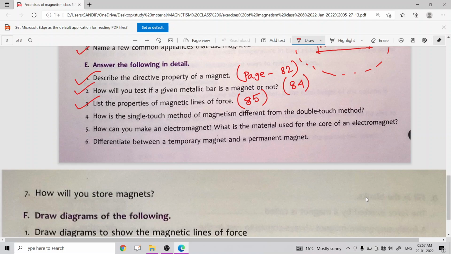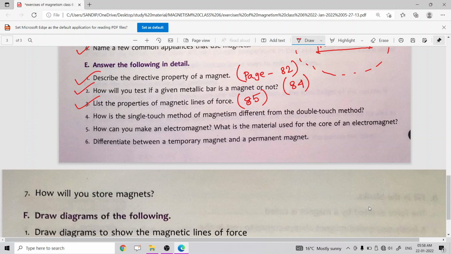Outside a magnet, lines of force start from the north pole and end at the south pole, but inside the magnet they start from the south and end at the north pole. No two lines of force ever intersect at a point. And the next one is, densely populated lines of force indicate a strong magnetic field, whereas widely distributed lines indicate a weak magnetic field.